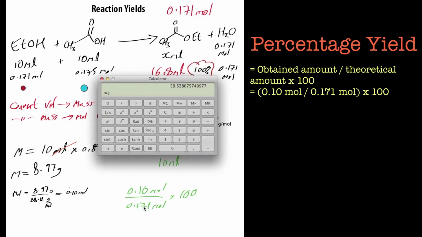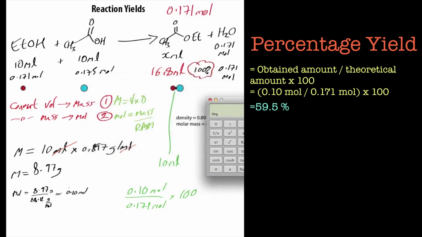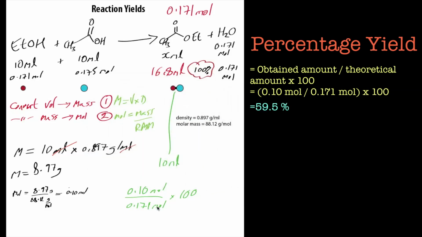We have to be very careful with the number of decimal places we're using here, so I'm going to quote for this one 59.5%, and that is our percentage yield.